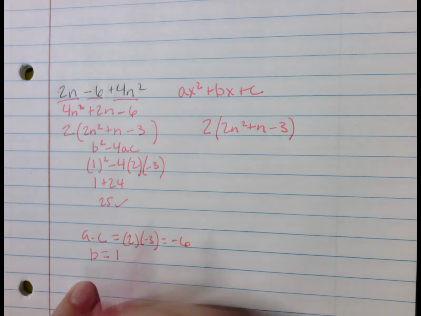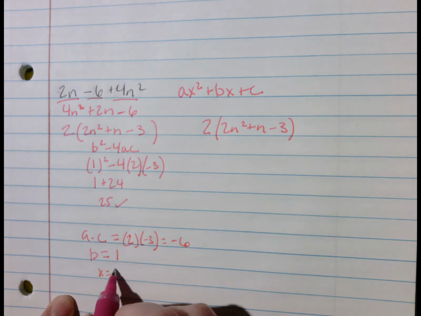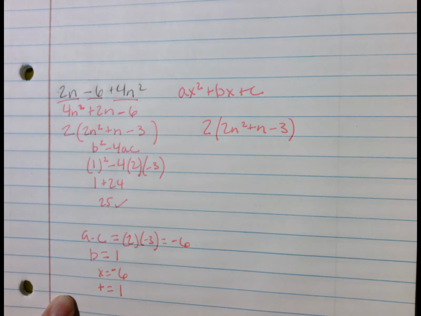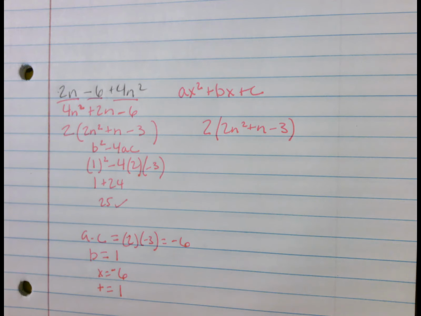So we want 2 numbers that multiply to equal negative 6 and add to equal 1, okay? This is similar to one of the problems that we did, but it is not exactly the same. So we do need to look at our factors again.